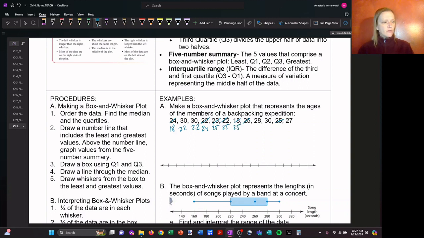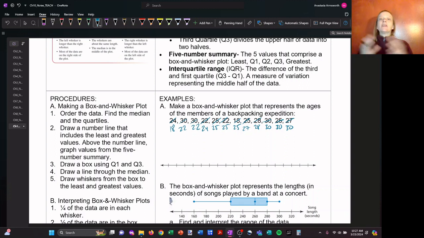Then I have 27, 28, and I have 33 times. So I have all the numbers accounted for, and I've listed them in order.